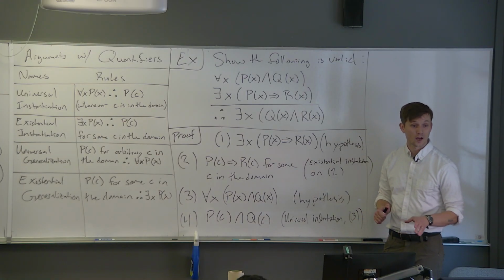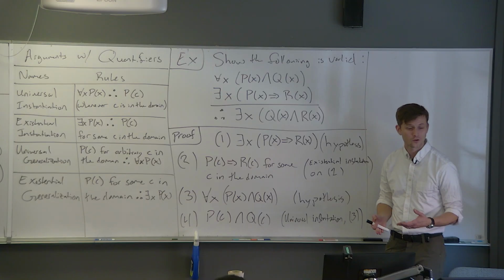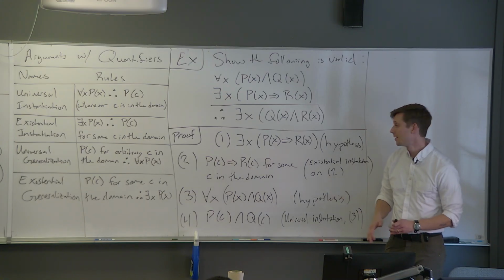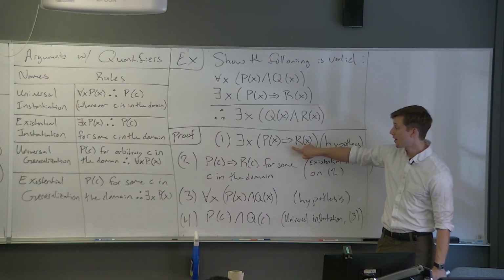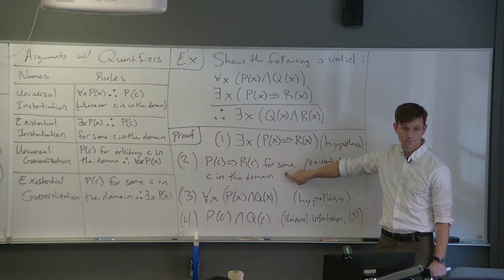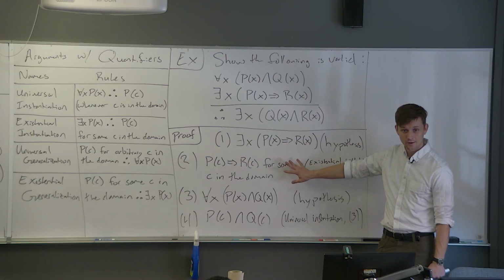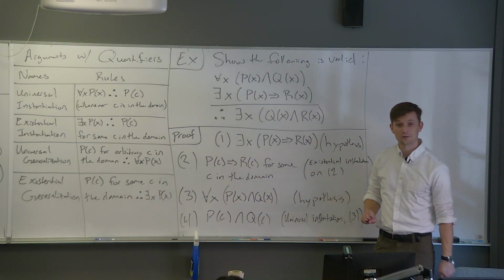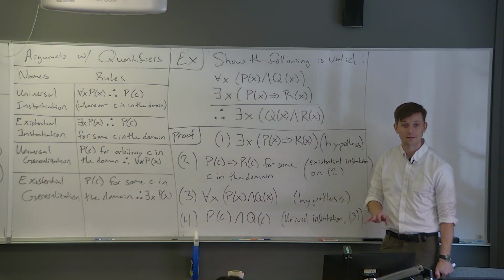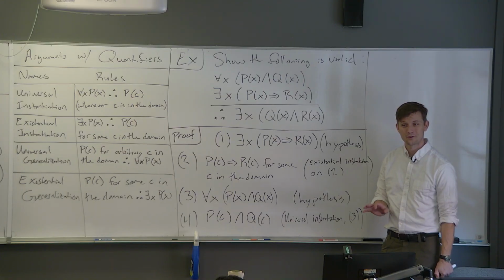It works for any one you pick, but you have to pick one. So which one did you pick? It might not be the same one that you get to pick here. So what we're doing here first is saying, look, I can pick one here. Now, since I know I can pick one, I will use that one to instantiate this universal statement at the same place. Cool. That's well justified so far.